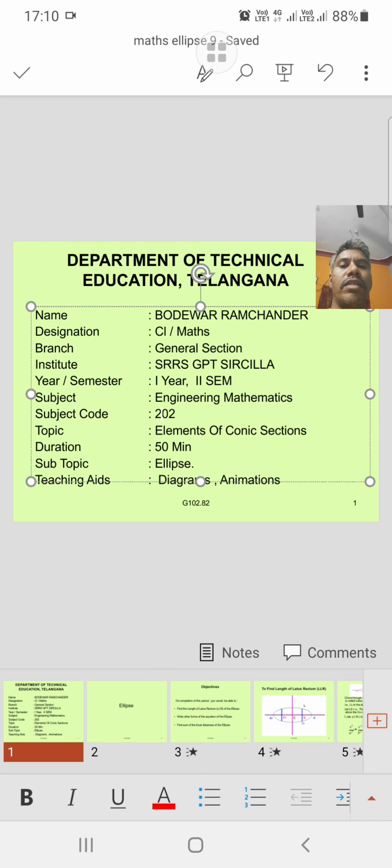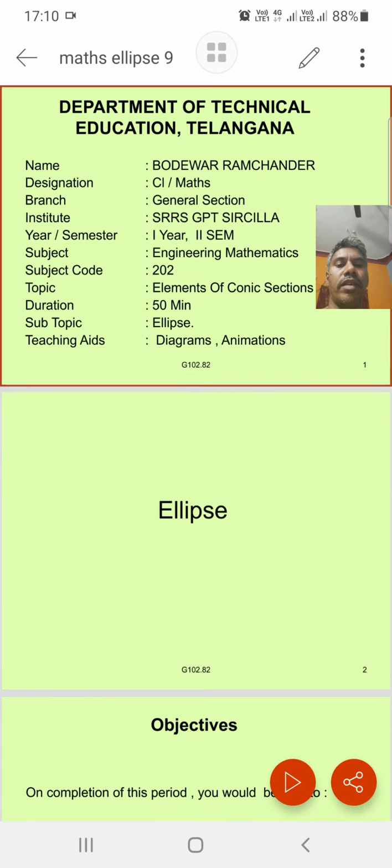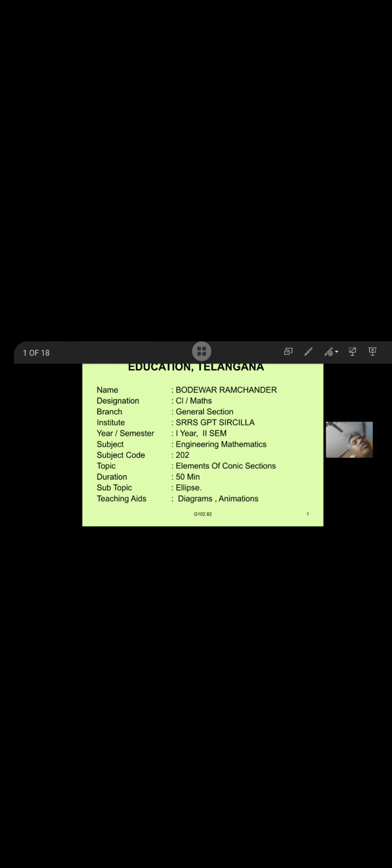Like this we discussed. So today we will learn some more about the chapter ellipse, and we will do some problems on the ellipse.